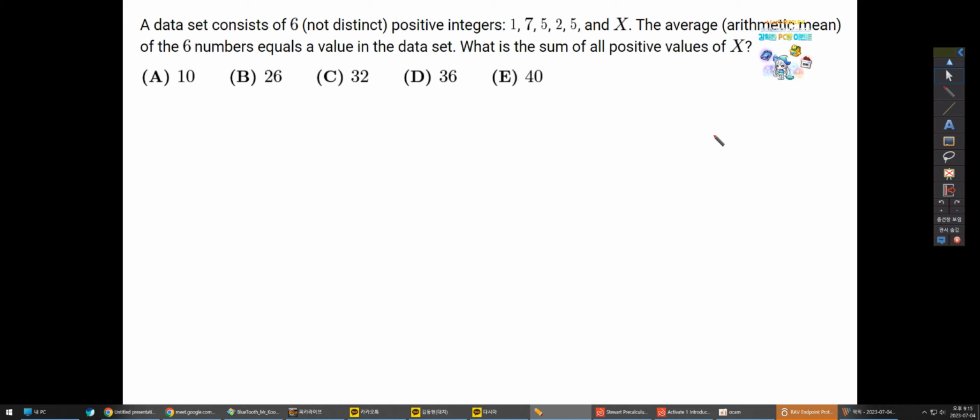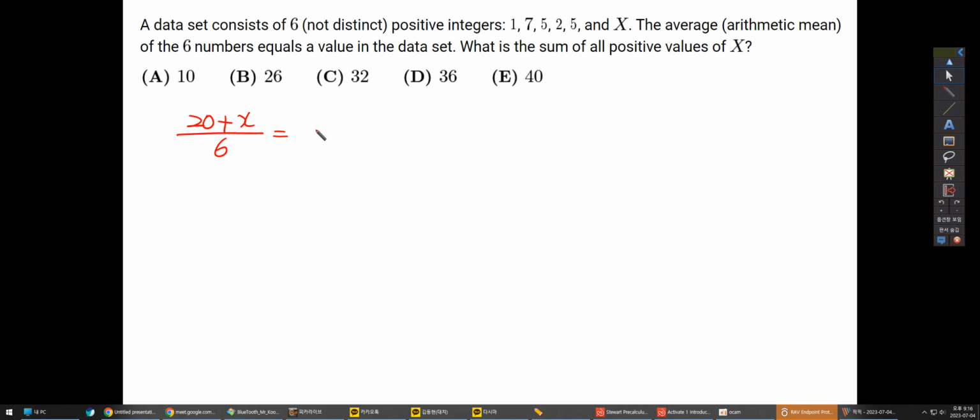Yeah, so what's the sum of the 5 numbers excluding x? These 5 numbers, that's 20. And that divided by 6 is the average.